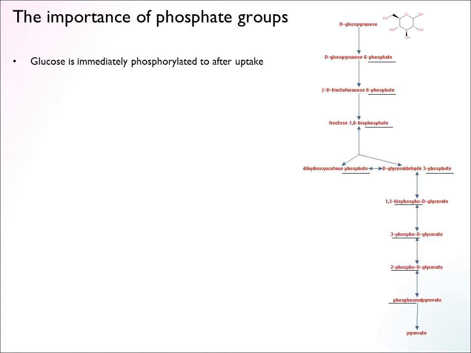Another interesting aspect of glycolysis, and this applies to many parts of metabolism, I think, is the importance of phosphate groups. You notice that glucose is immediately phosphorylated when it is taken up into the cell. This is the first reaction, hexokinase. You put on a phosphate group.